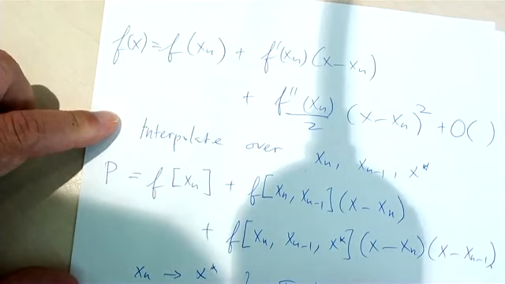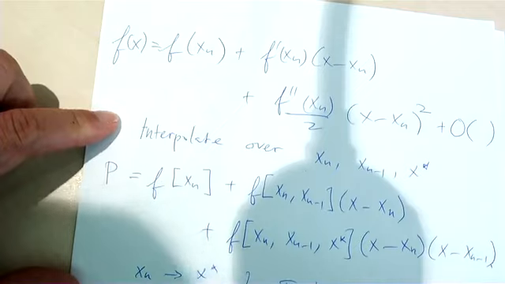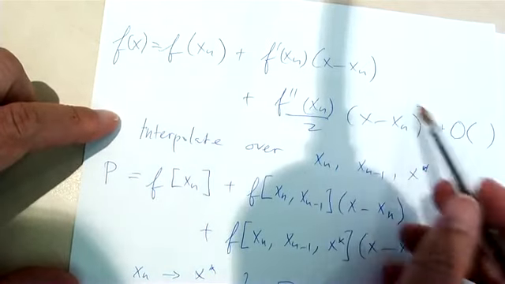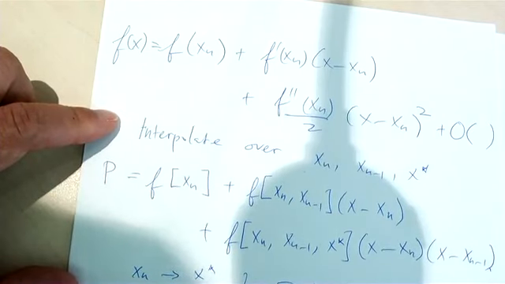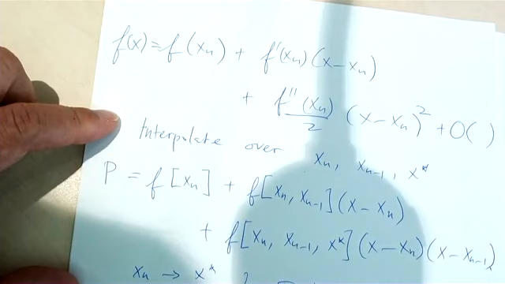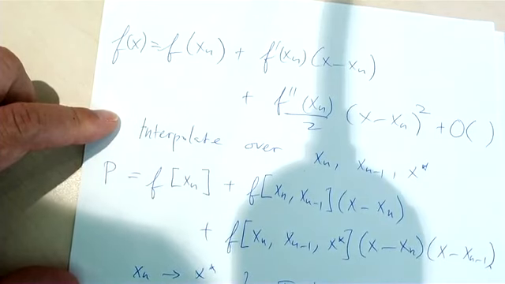And therefore, you see the coefficient for the quadratic will be the same. So then f[x_{n-1}, x_n] will go to f double prime of x star over 2.